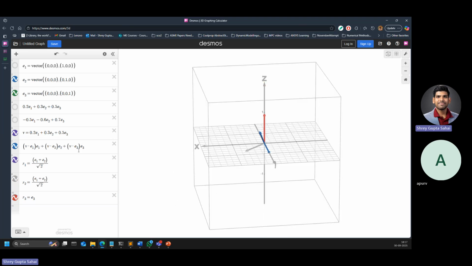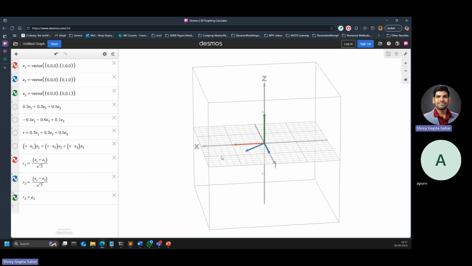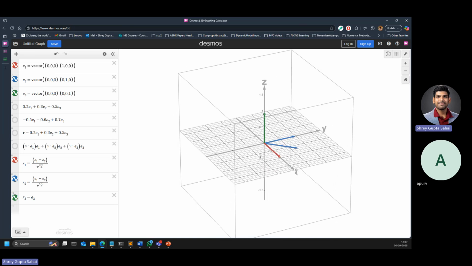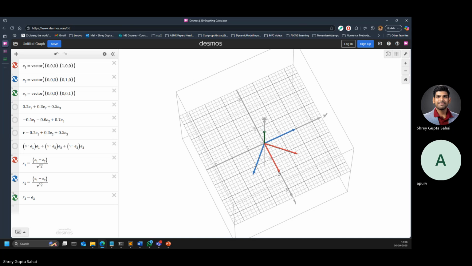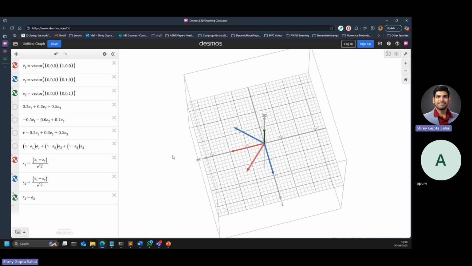Okay, so now let me close this stuff. And this and this and then this. So what you'll see is that E3 I've kept the same. Okay, this should be minus. And this is not correct.